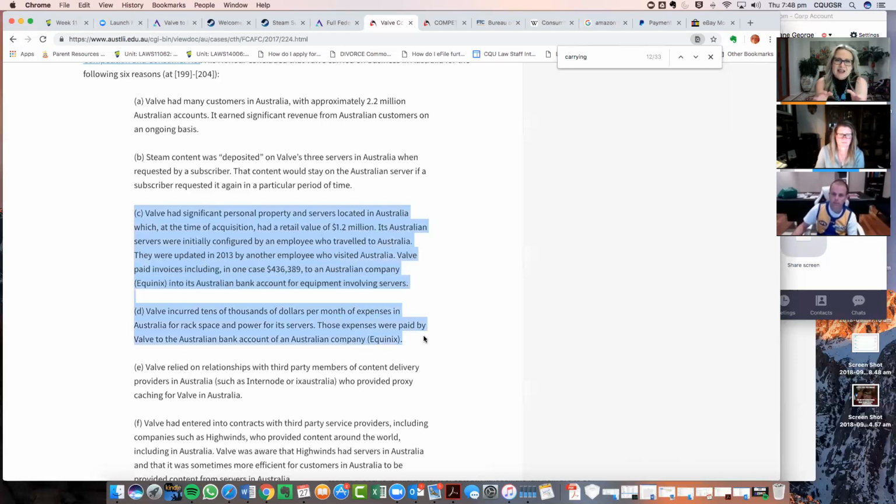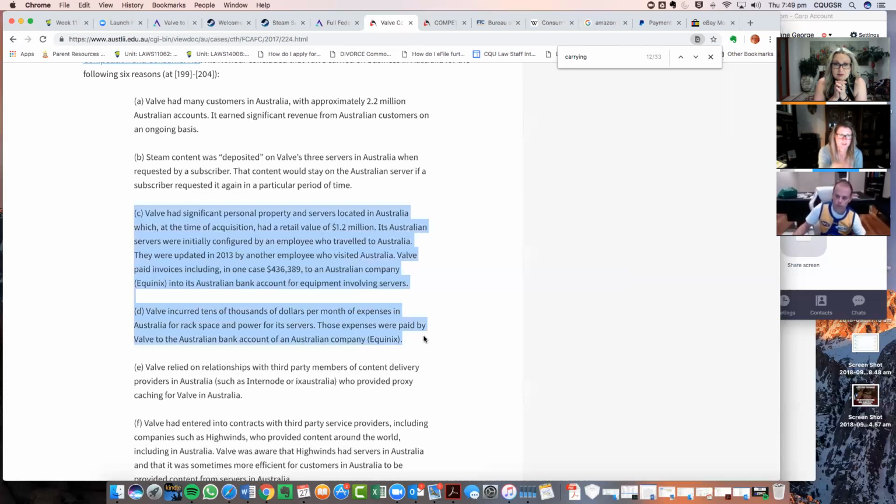So this is the only tenuous kind of hook, I guess, that they could find to anchor them here. I think it's interesting, how would you go if, for example, they had no personal property here? If it was just all done from an American company that maybe had a massive load of servers elsewhere, what would happen then? I don't know.